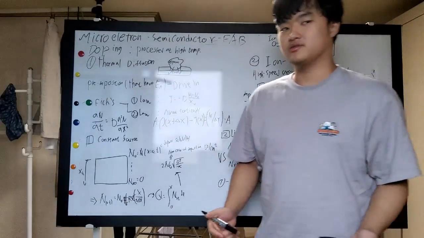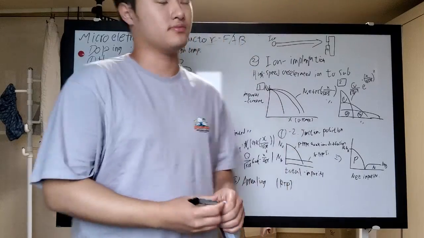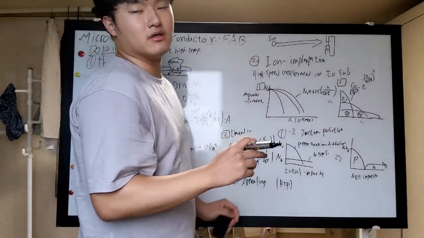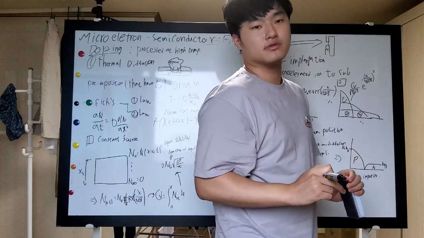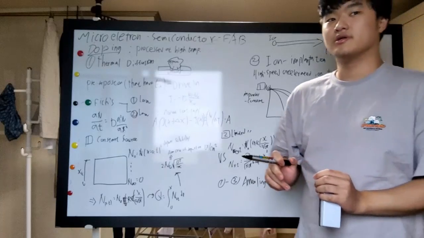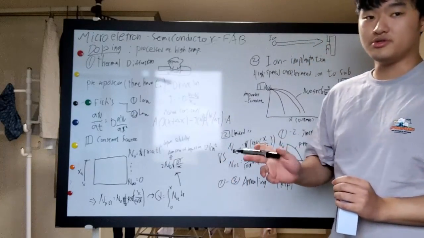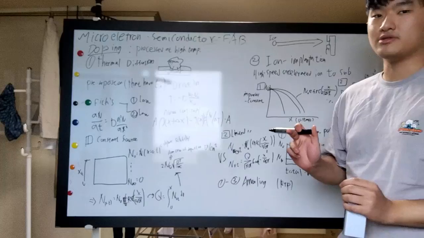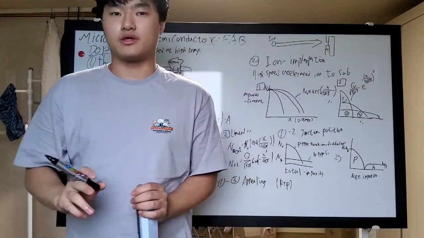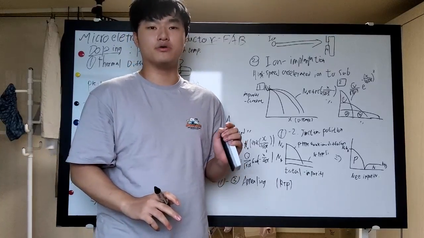Reading the second topic about doping. So doping, I believe you know what it is. Doping means changing the electron or hole, in short, the carrier density, which can be holes or electrons.